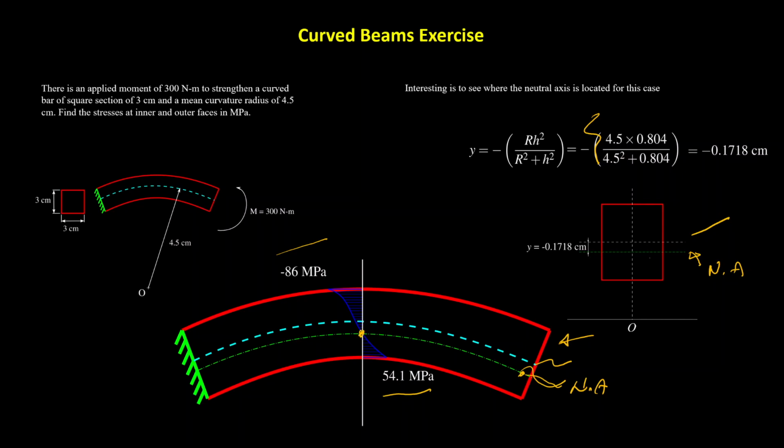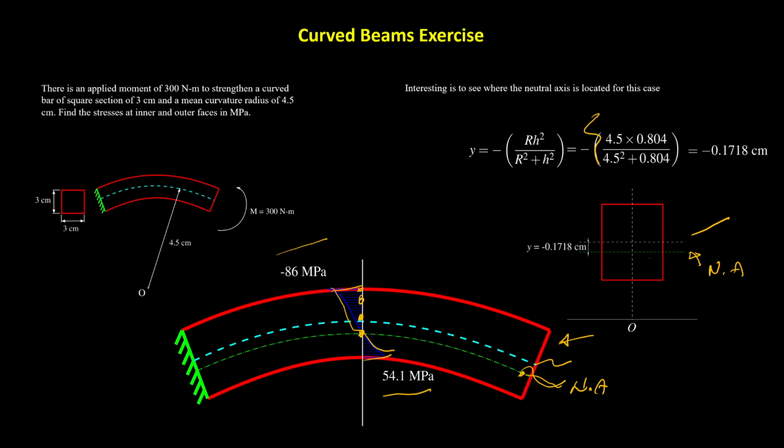For example, you're going to know that whichever formula you use to calculate stresses, in here it's going to be 0, and then you can give this point here a value, this point here a value, this point here another value using the formula for the compressive stress, and then you're going to have the correct shape of the stress distribution there. The same you can do for the tensile part here.